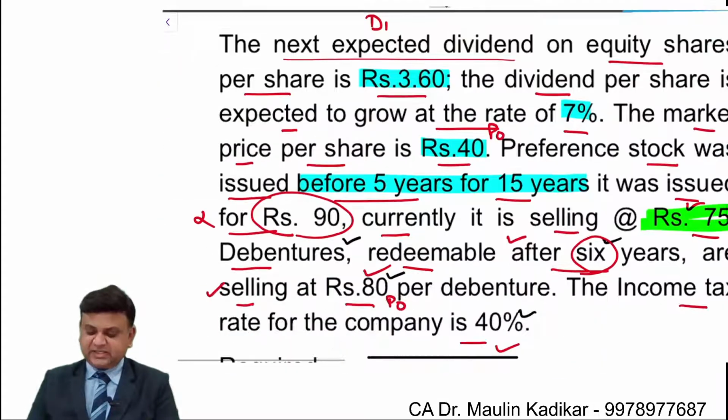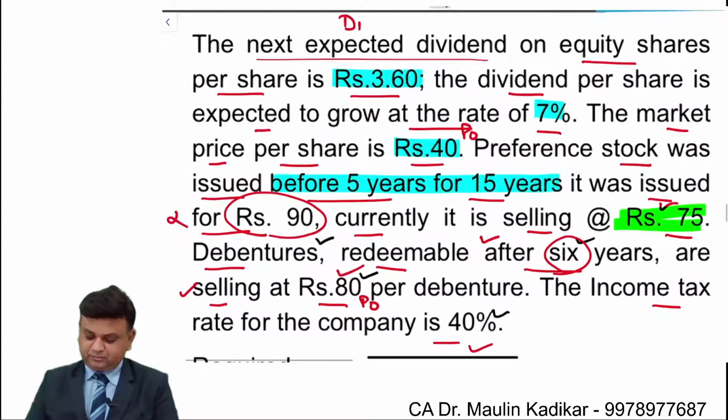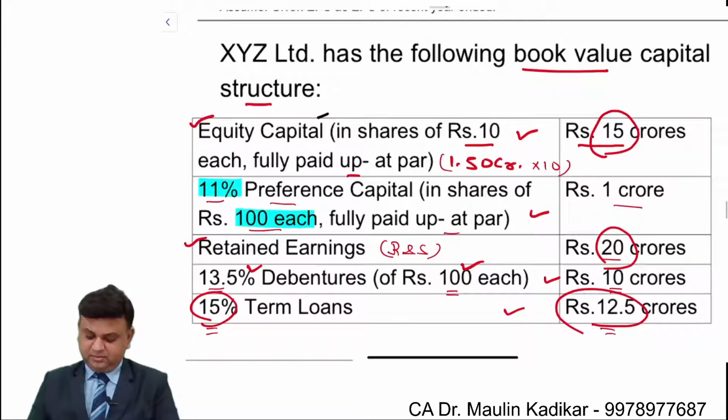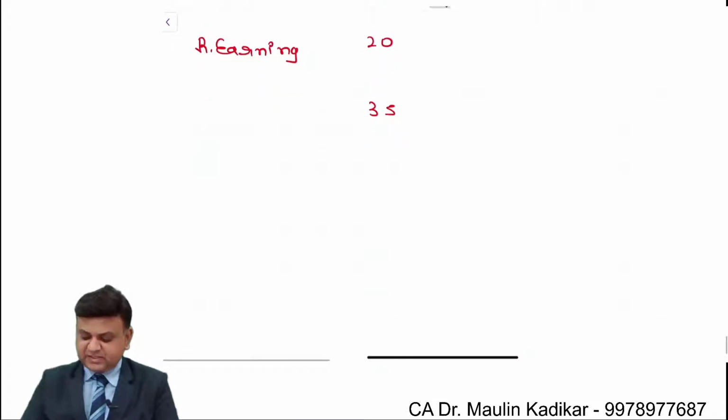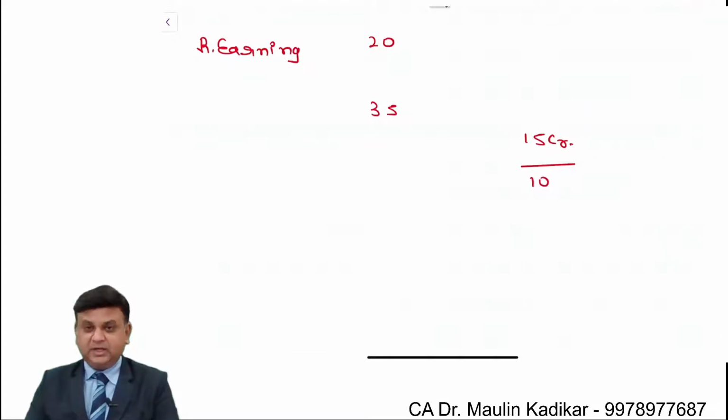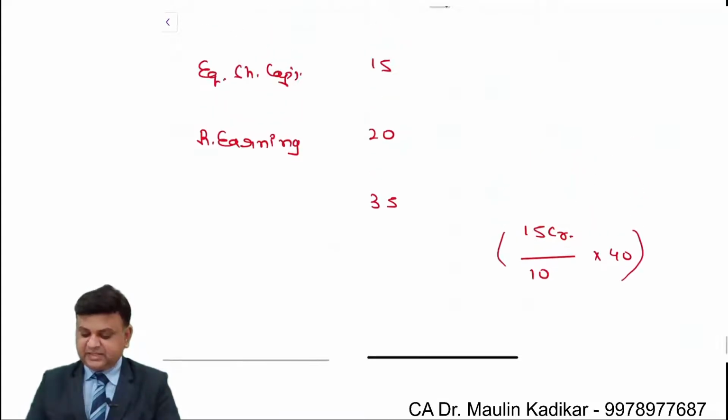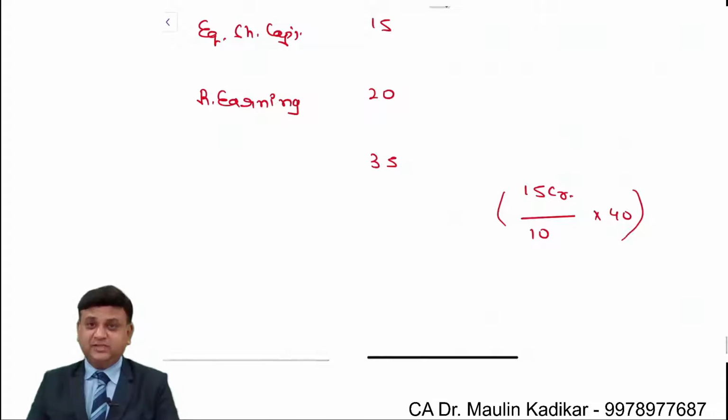The question says that the market price of the equity share is 40 and we can see that the face value is rupees 10. So the market value is 15 crore divided by 10, that gives the number of equity shares, into 40. That is the market value, an amount of 60 crore.